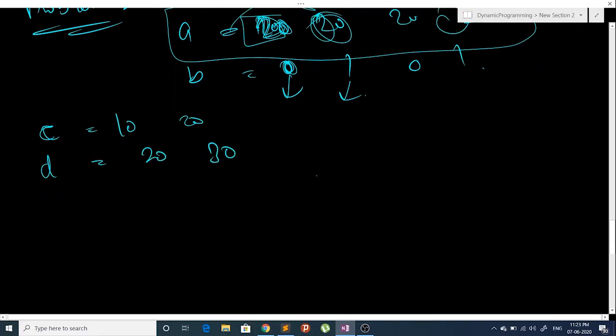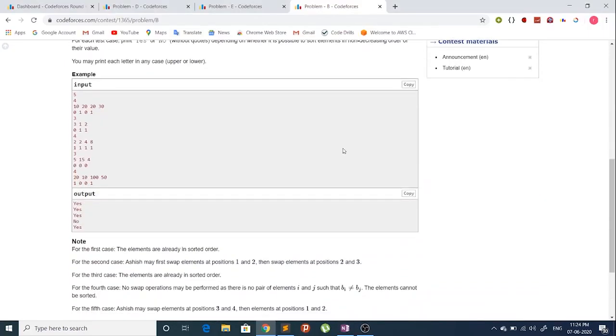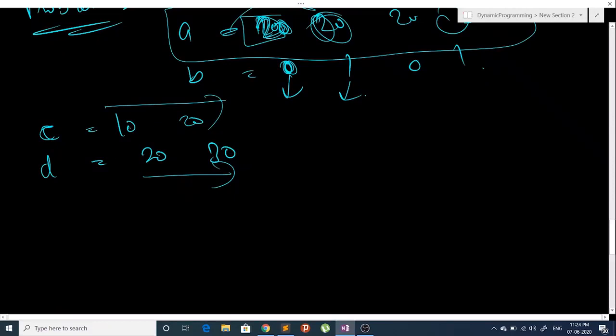Now if these are already sorted vectors, my answer is already yes, because I can just merge these two vectors like this, because while merging I know that I can swap any element of C with any element of D.